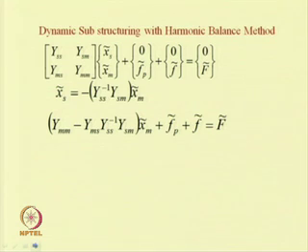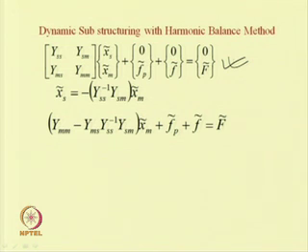Similarly, one can use dynamic substructuring with this harmonic balance method also. In dynamic substructuring, we previously have seen that we can divide the structure into slave and master, where the slave coordinates can be retained using generalized coordinates and the master coordinates or master degrees of freedom can be kept using physical coordinates.